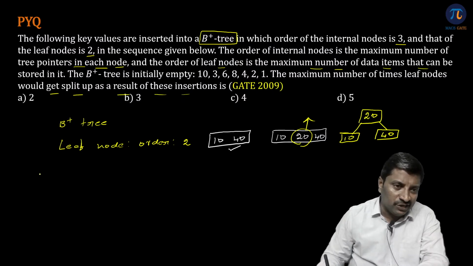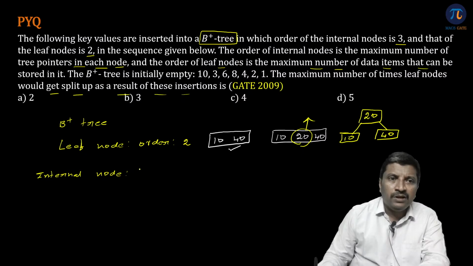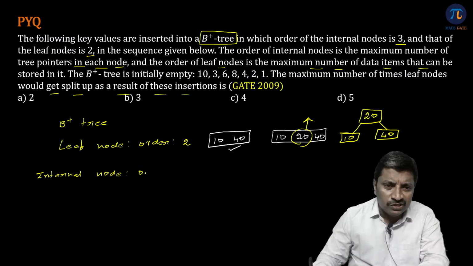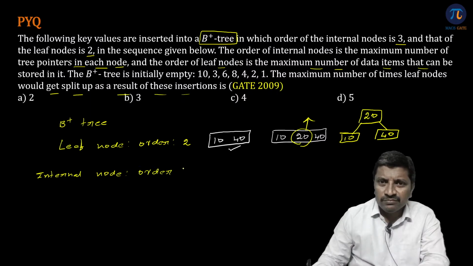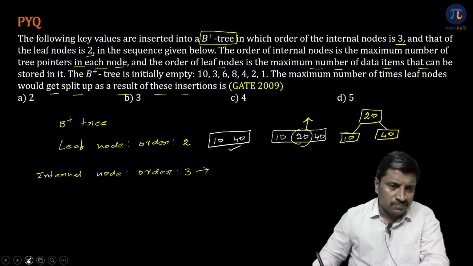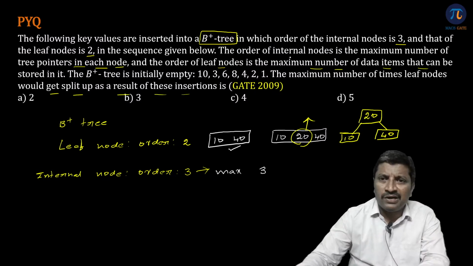But please observe the internal node. In internal node, the order of internal node is 3. 3 means what, sir? The order of internal node is the maximum number of tree pointers.